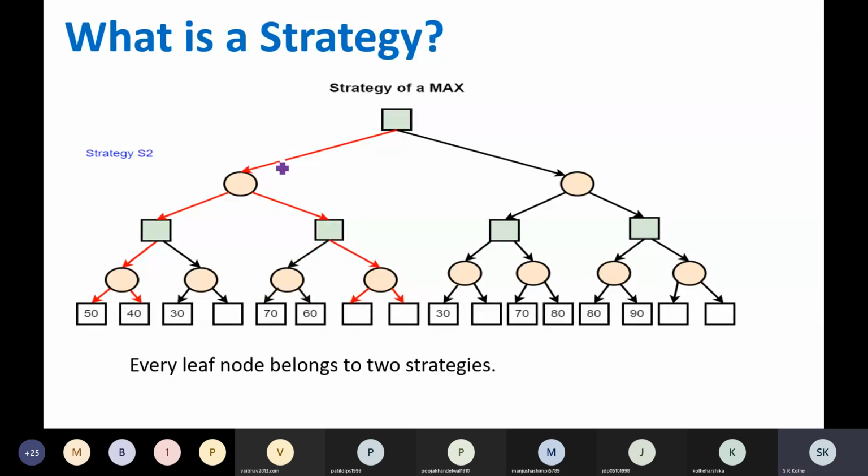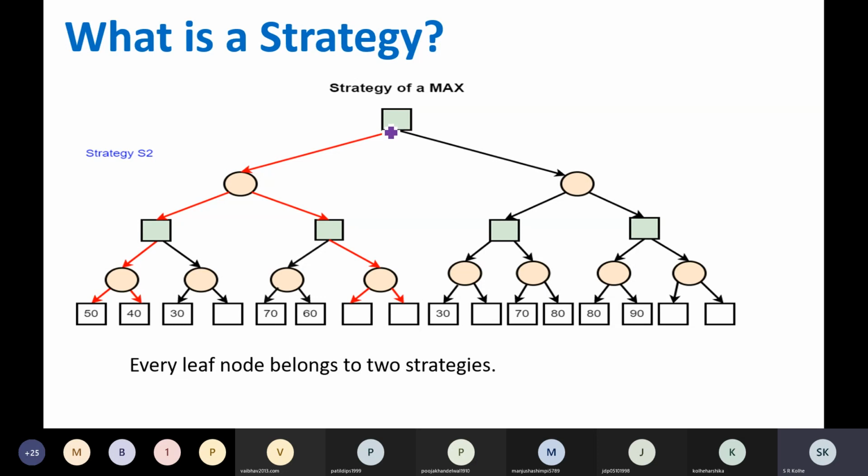In S2 we have selected, for the same situation, this part of the subtree. S3: instead of selecting this option, max can select this one also, the right one. So if max selects the right one, again there are two options out here. One will be S3, one will belong to S4.